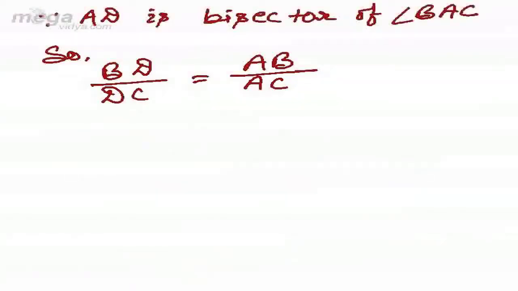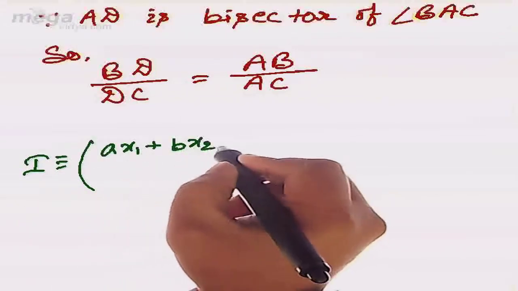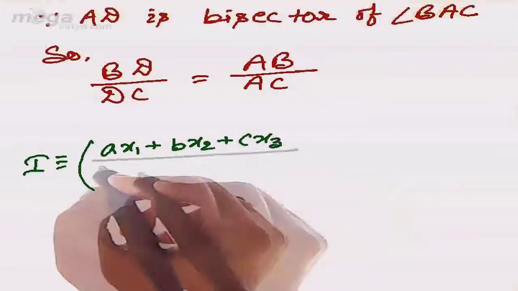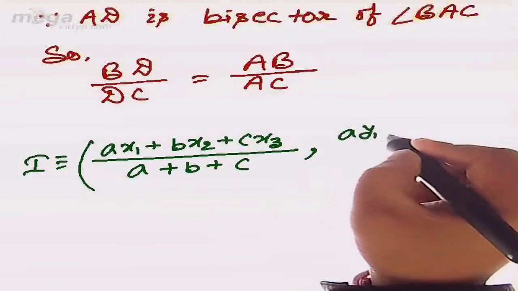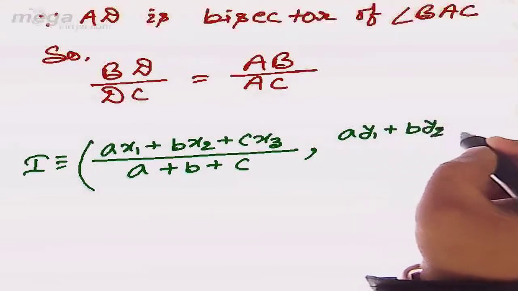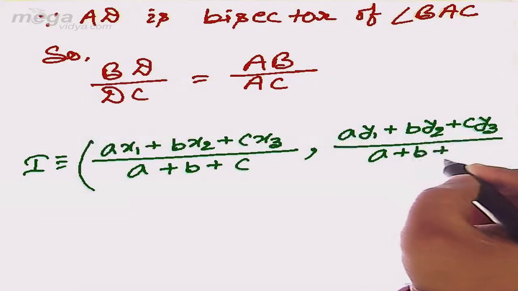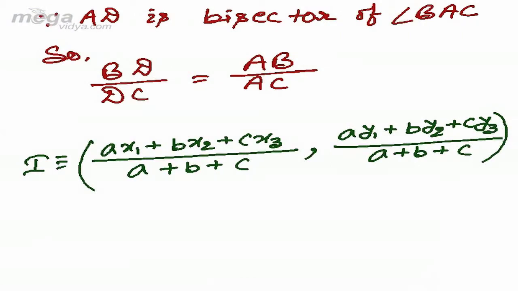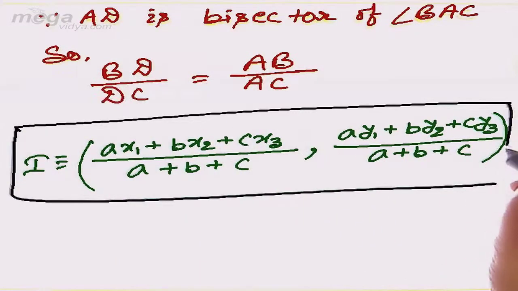After doing this process, we directly get the coordinate of the incenter as (a·x1 + b·x2 + c·x3)/(a + b + c), (a·y1 + b·y2 + c·y3)/(a + b + c). So this is the coordinate of the incenter of a triangle ABC.